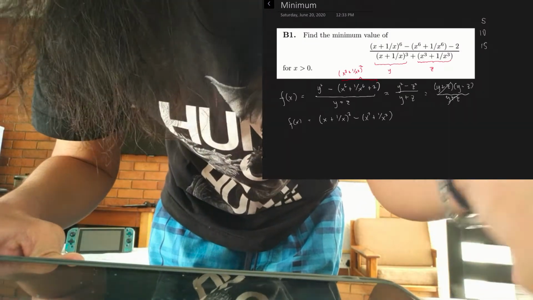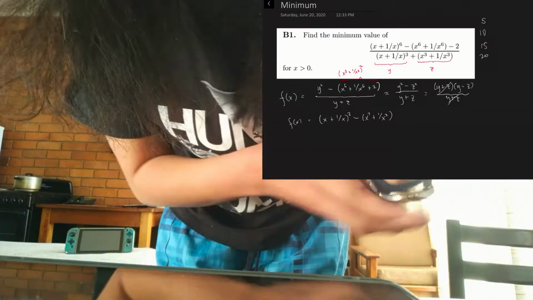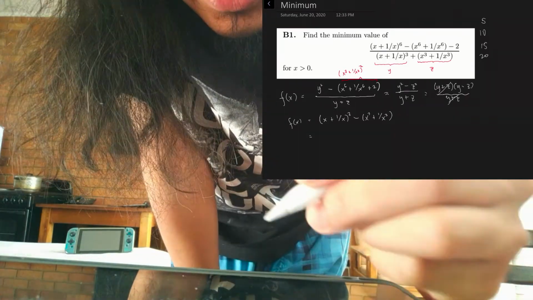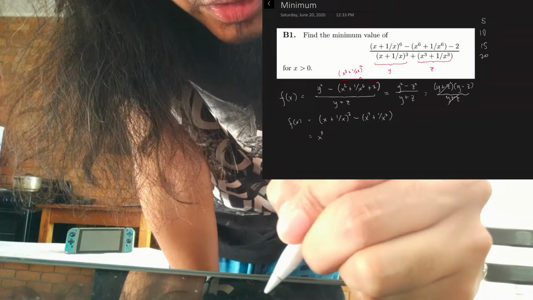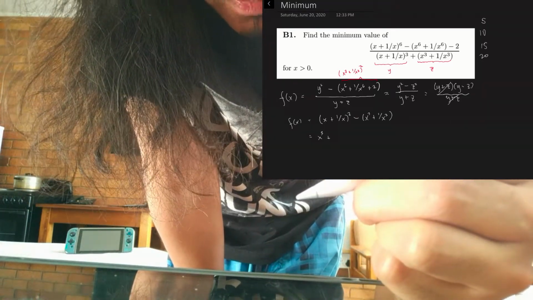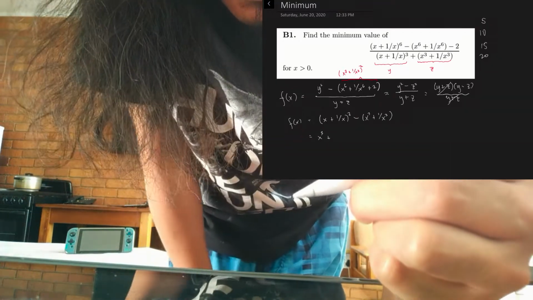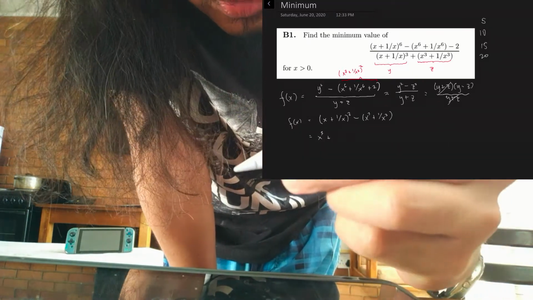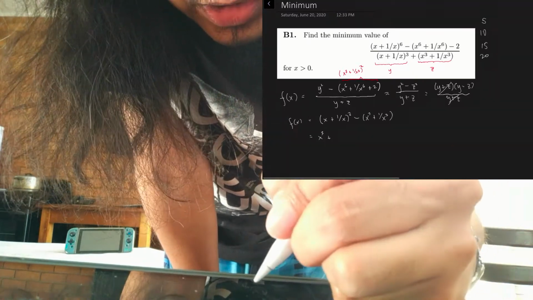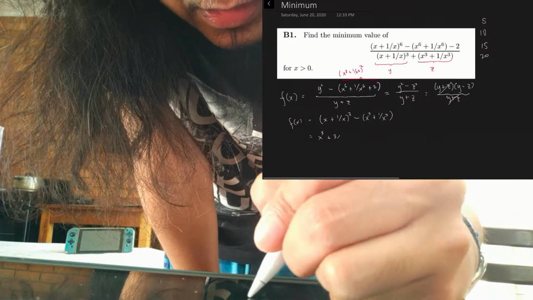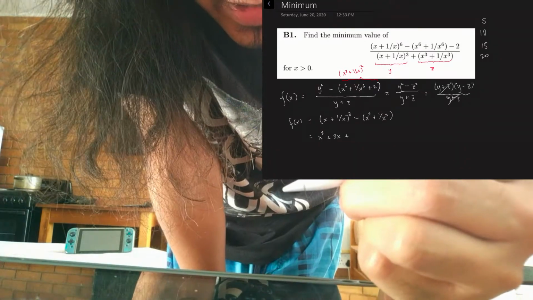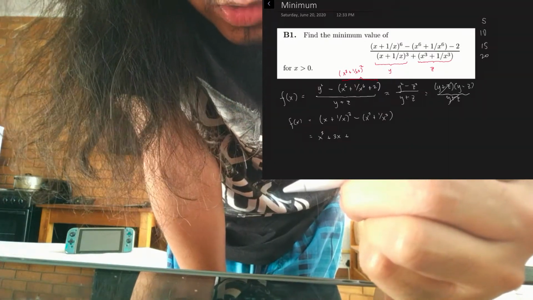Okay, so let's write our 20 over here. So let's just expand the first term here. So you have x cubed plus, from the binomial theorem, 3 times the square of the first times the last term. So you have 3x squared over x, that's just 3x, plus 3 times the first term times the square of the second term.